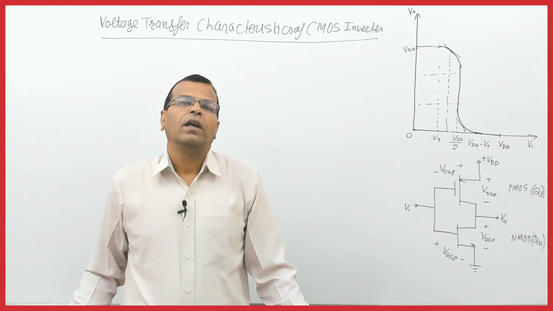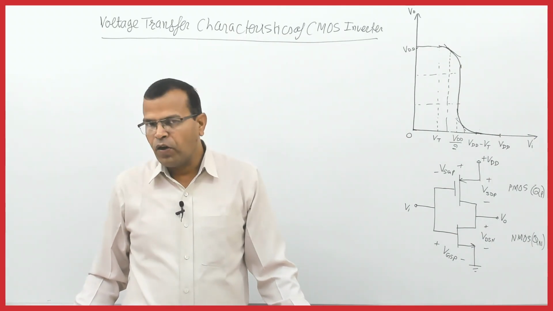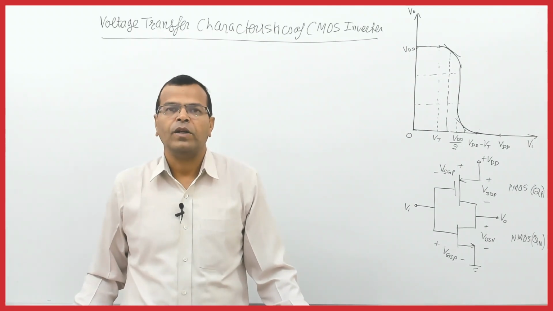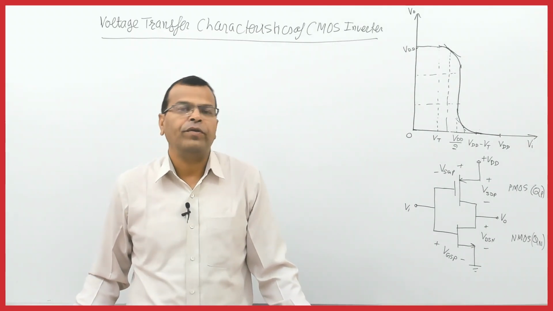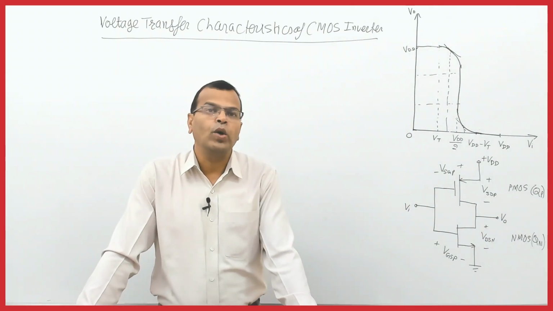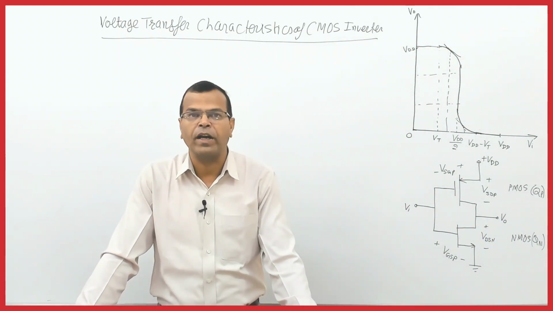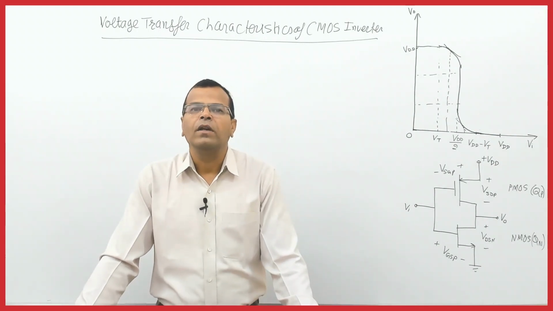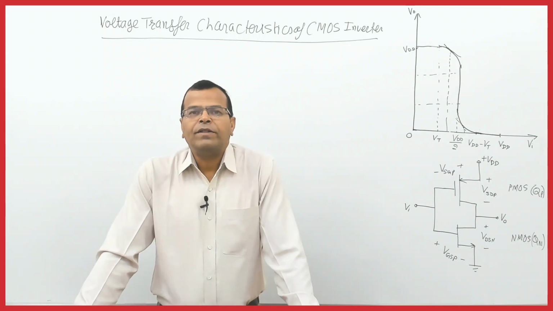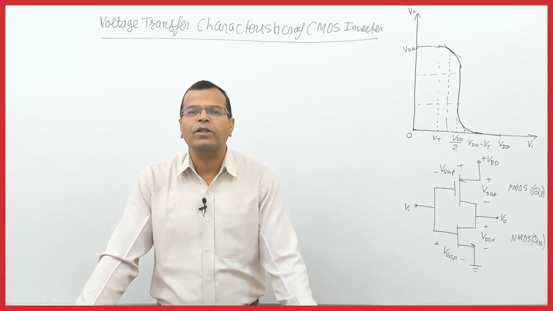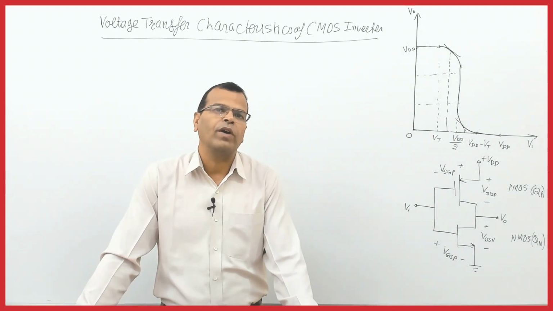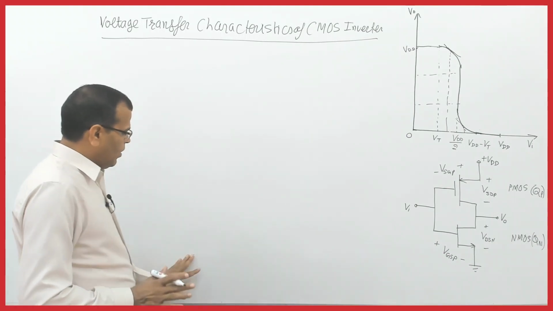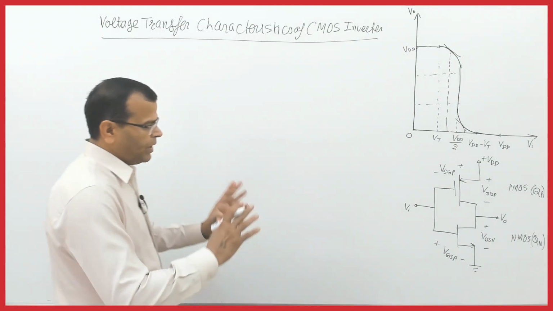That means when the device is in cutoff, that is just like an open switch. When the device is in ohmic region, that behaves like a closed switch but offering some finite resistance, right? So MOSFET is always a resistive type of switch. It is not an ideal switch. It offers some finite resistance when it is behaving like a closed switch. Fine. So now let us see the behavior of NMOS.